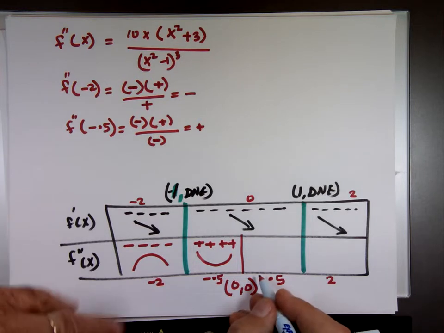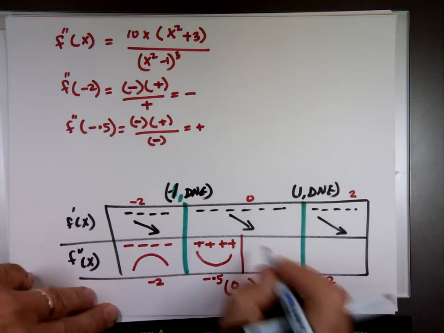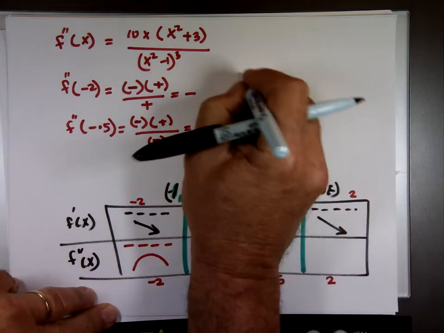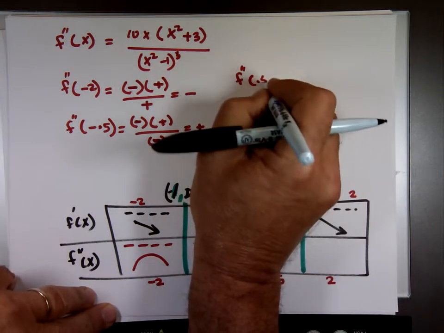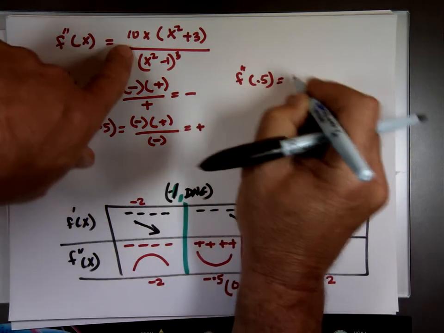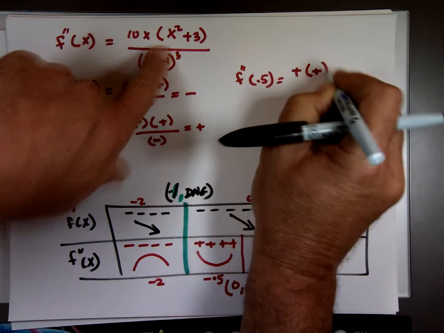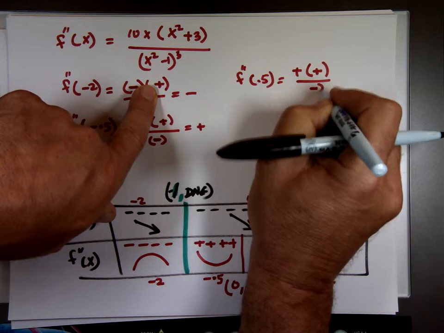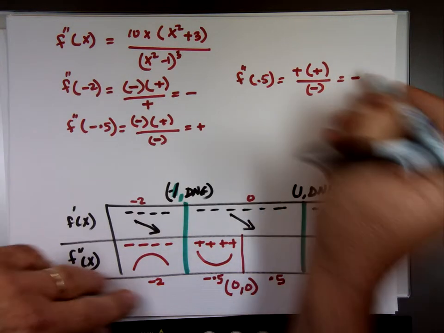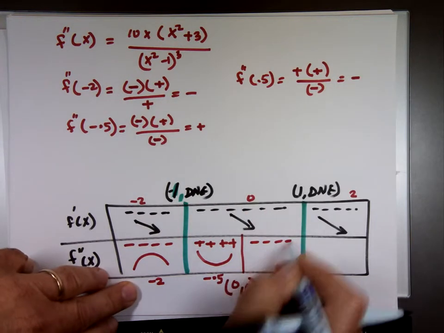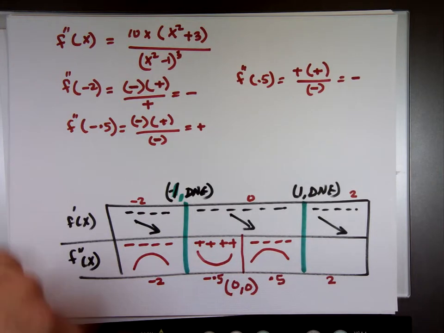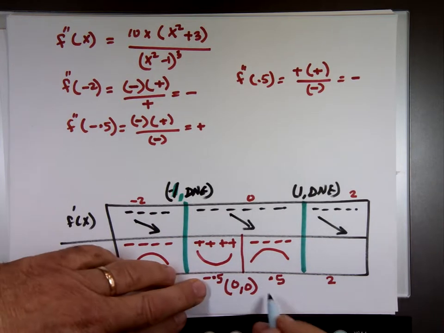How about the 0.5? Well, the first piece will be positive. This will be positive. This will be negative. That's a negative. That's an inflection point now.